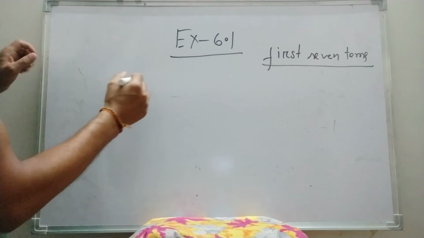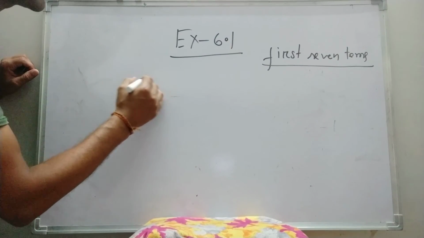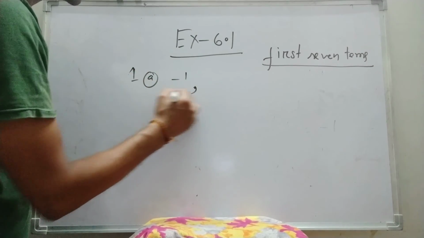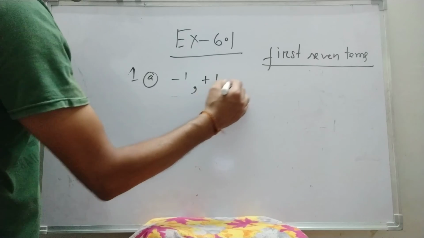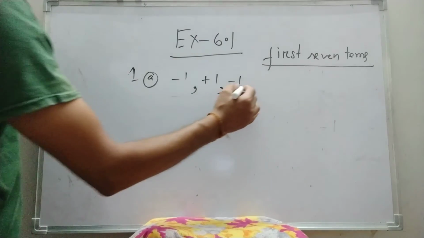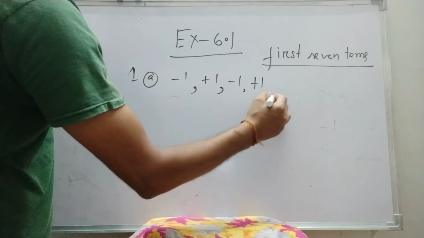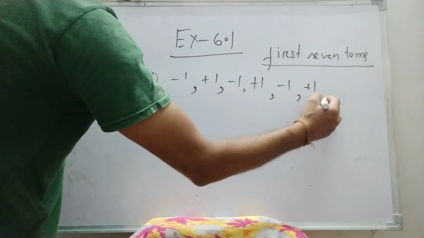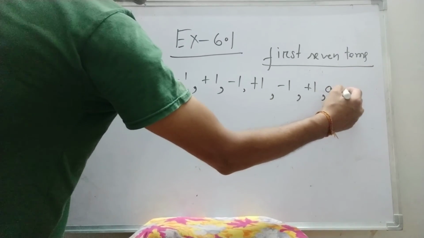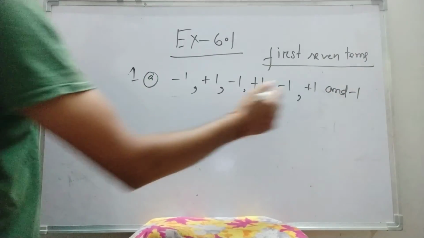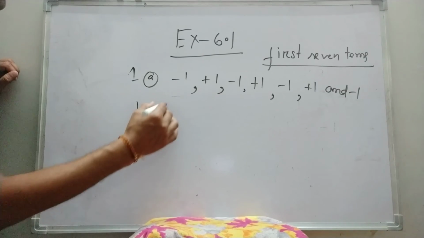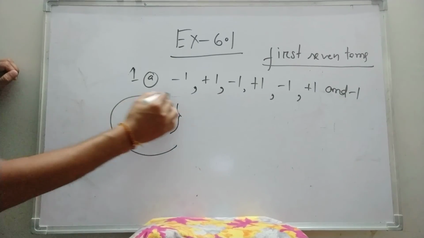Look here. The first seven terms are: -1 is the first term, +1 is the second term, -1 is the third term, +1 is the fourth term, -1 is the fifth term, +1 is the sixth term, and finally -1 is the seventh term of the particular sequence we are given, -1 to the power n.